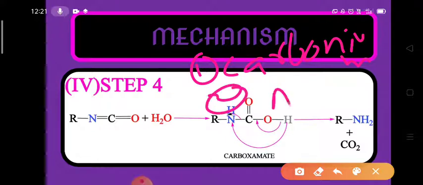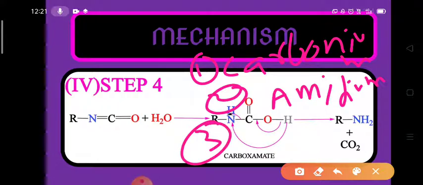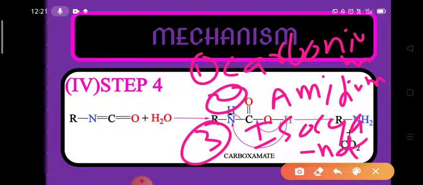Second step is the formation of the amidium ion, and third step is the formation of the isocyanate, and fourth step is the hydrolysis. So like that we have the four steps. In the first step we get carbonium ion. In the second step we get the amidium ion. In the third step we get isocyanate. In the fourth step hydrolysis occurs, and we get the primary amine.